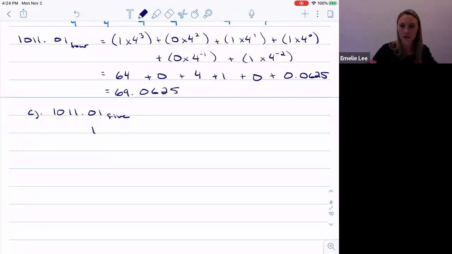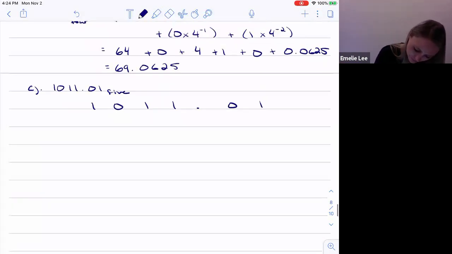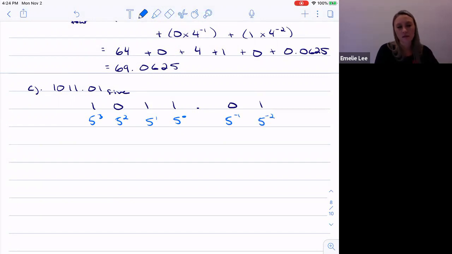I'm going to write them all out kind of lofty, put my 5 powers underneath. 5 to the 0, 5 to the 1, 5 to the 2, 5 to the 3, 5 to the negative 1, 5 to the negative 2. My 5 powers are bad. 5 to the power of 3 is 125.